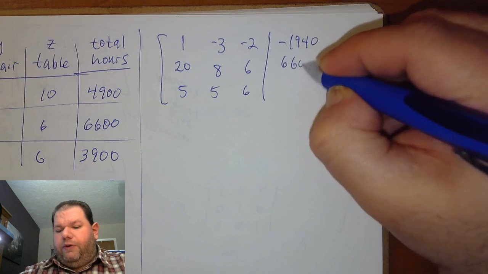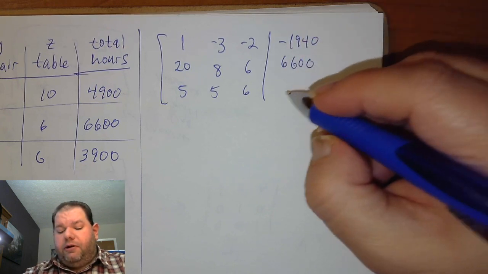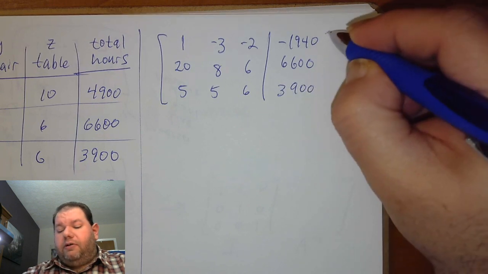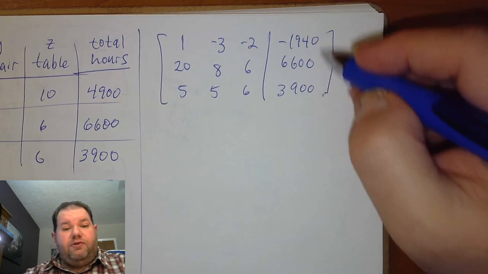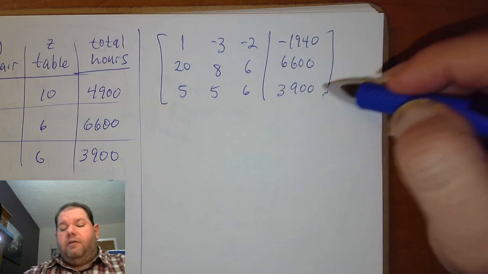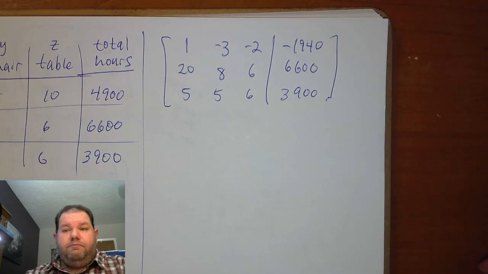Now, we see that we have a negative number here, but that's okay for right now. Until we get to the end, we won't know for sure. But when we get to the end, we should have positive numbers for all 3 of these, because ideally we'll be making positive numbers of furniture pieces. So if we get negative numbers, we know that there's a mistake somewhere.